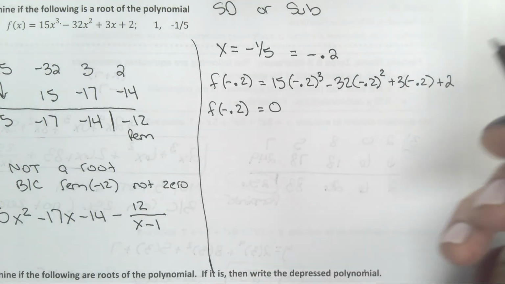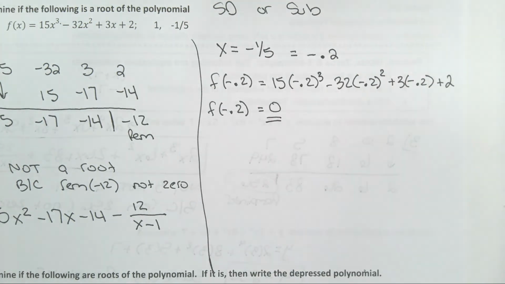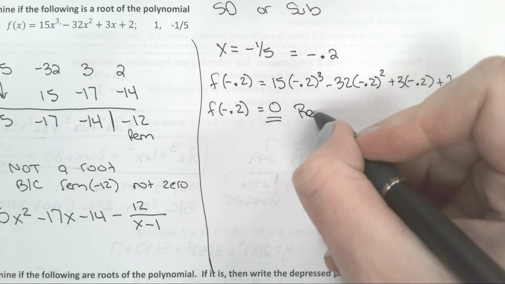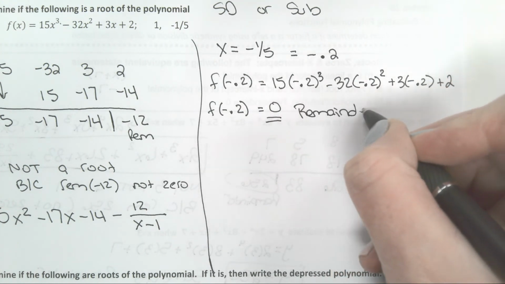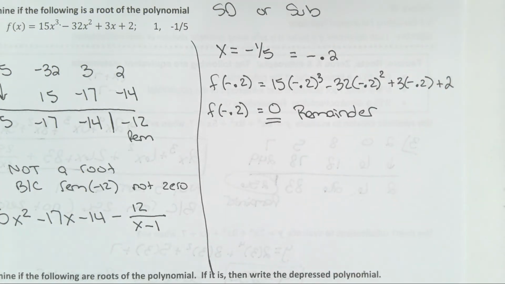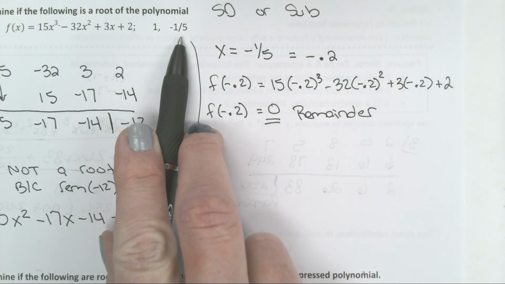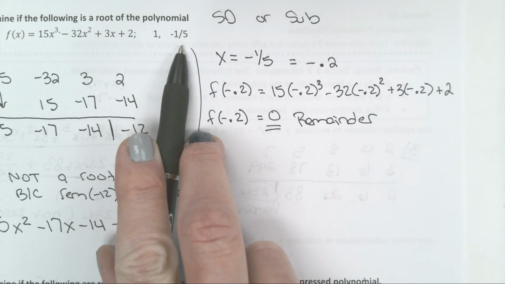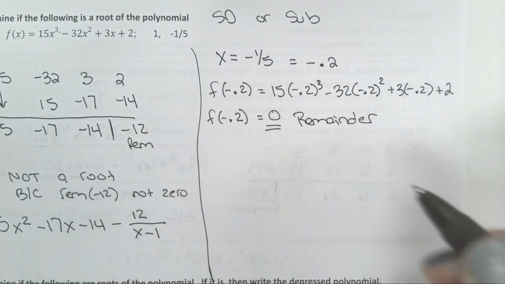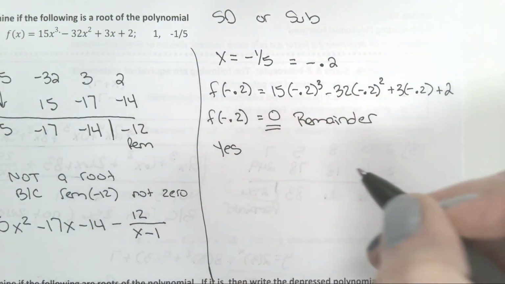So you have to remember that whatever number you get here, this is the remainder. If it just says determine if a number is a root, I would be able to say yes.